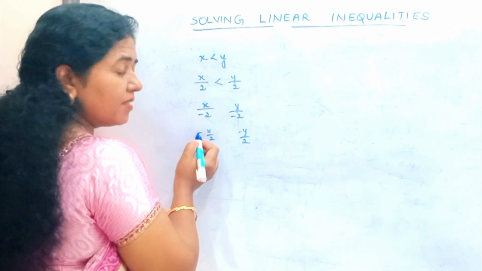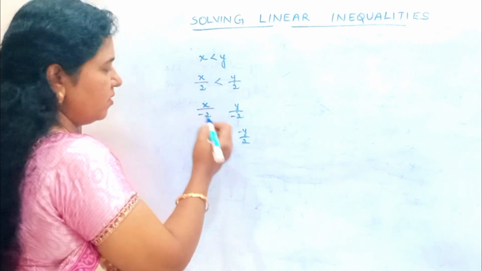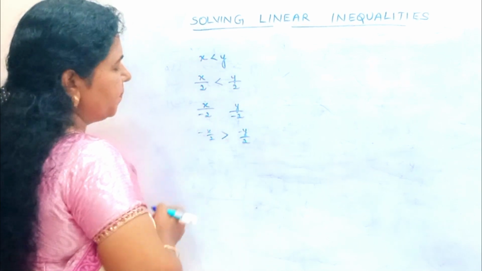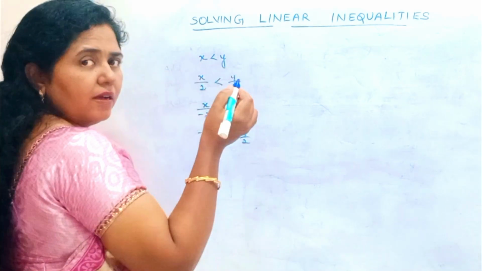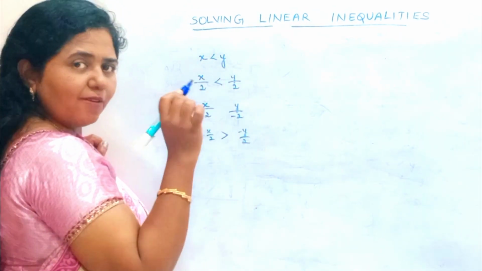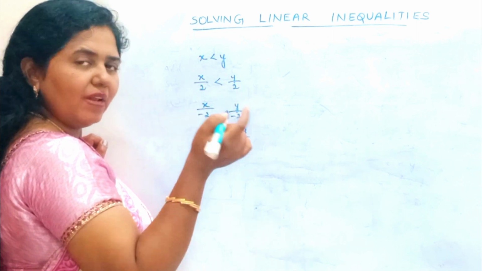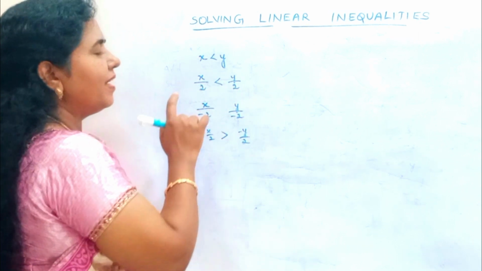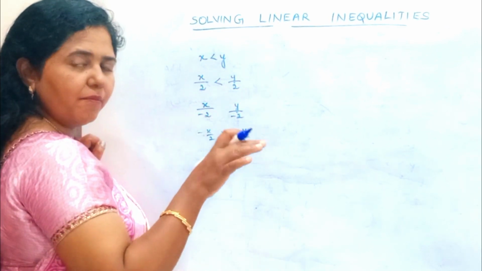If I am inserting a minus in front, automatically the sign will get changed. So when I divide both the sides of the inequality by a negative number, the sign of inequality will get changed. If I am dividing by a positive number, the sign of inequality will remain the same.